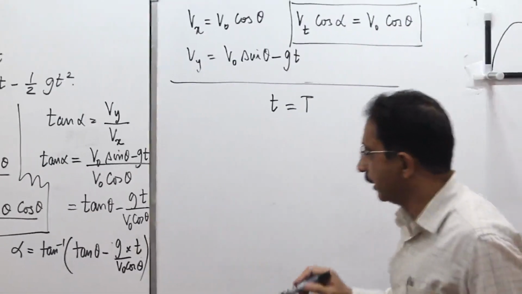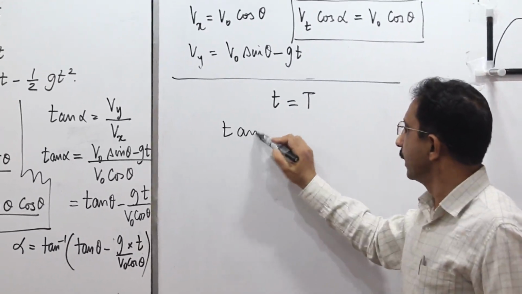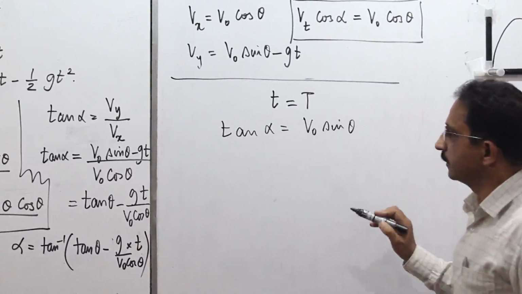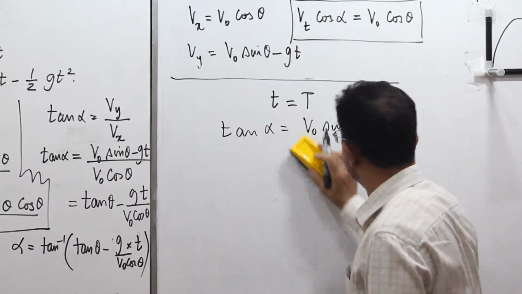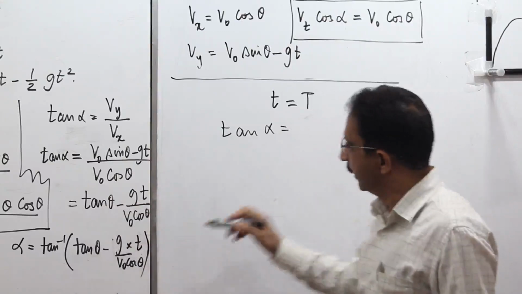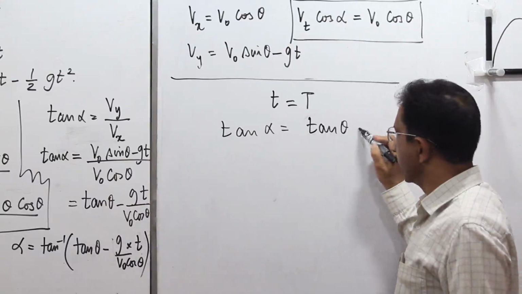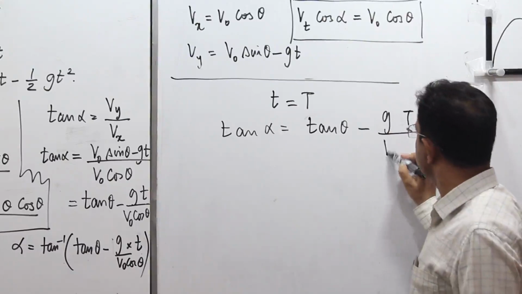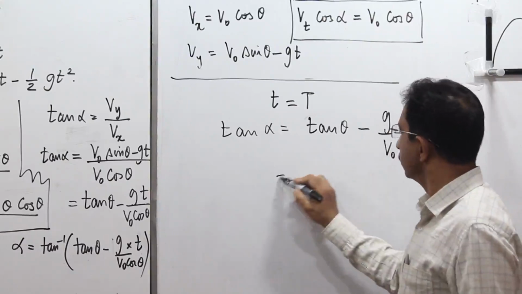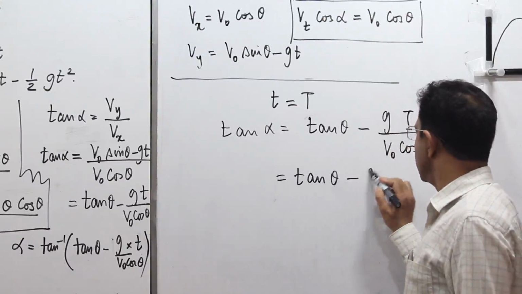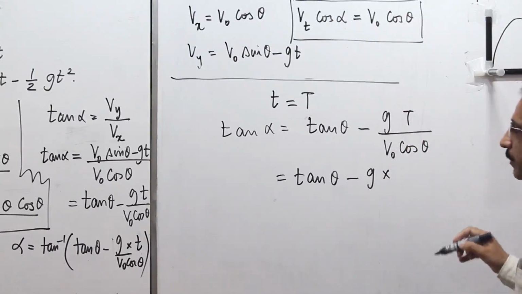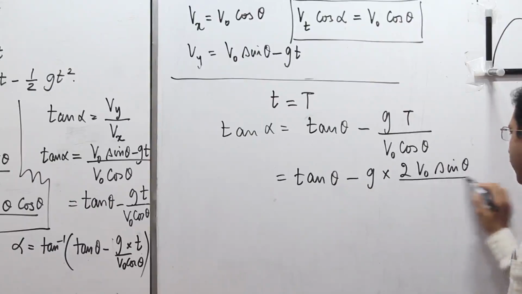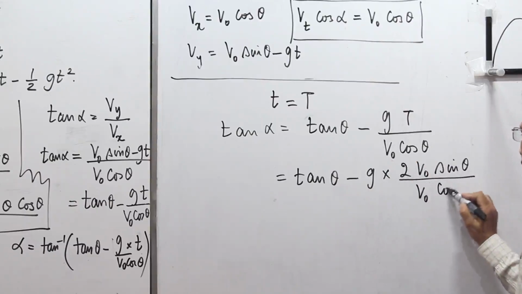तो using the equation, हमारे पास equation है tan alpha is equal to v0 sin theta, क्या we can put it, हमने already यहाँ पर इसको tan theta डिवाइड करके tan theta बना है, माइनस g, अब small t की जगह मैं कैपिटल T लिख रहा हूँ, डिवाइडेड बाय v0 cos theta gives us tan theta minus g into कैपिटल T, आपको ऑलरेडी पता है, it is twice v0 sin theta divided by v0 cos theta.